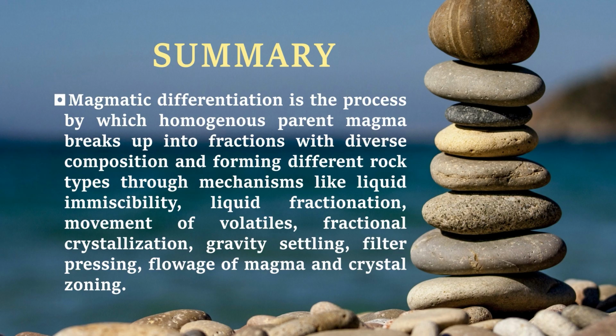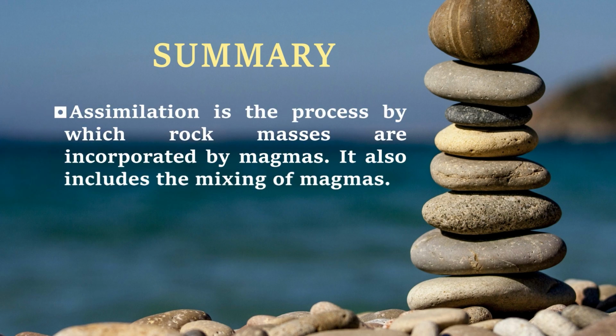We have learned about the different mechanisms like liquid immiscibility, liquid fractionation, movement of volatiles, fractional crystallization, gravity settling, filter pressing, flowage of magma, and crystal zoning. Lastly, we discussed assimilation, which is the process by which rock masses are incorporated by the magma, and it includes mixing of magma too.